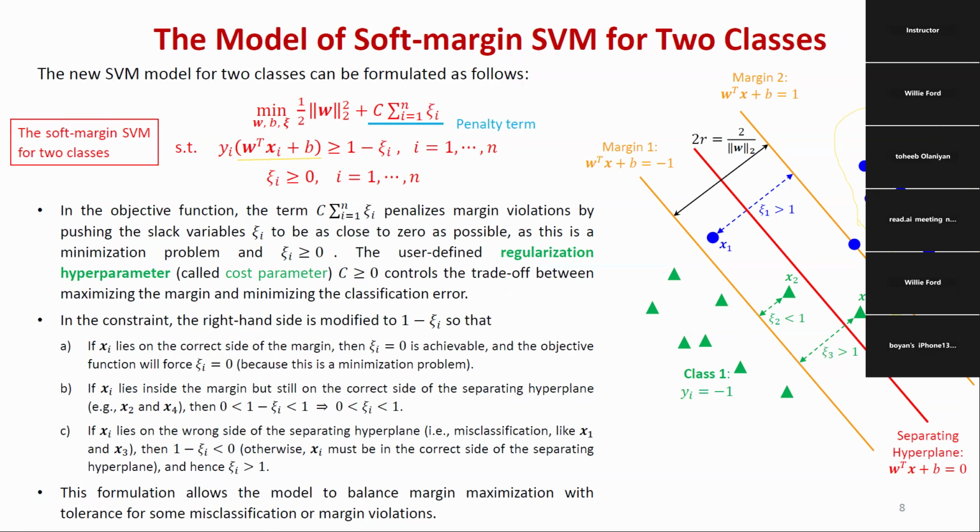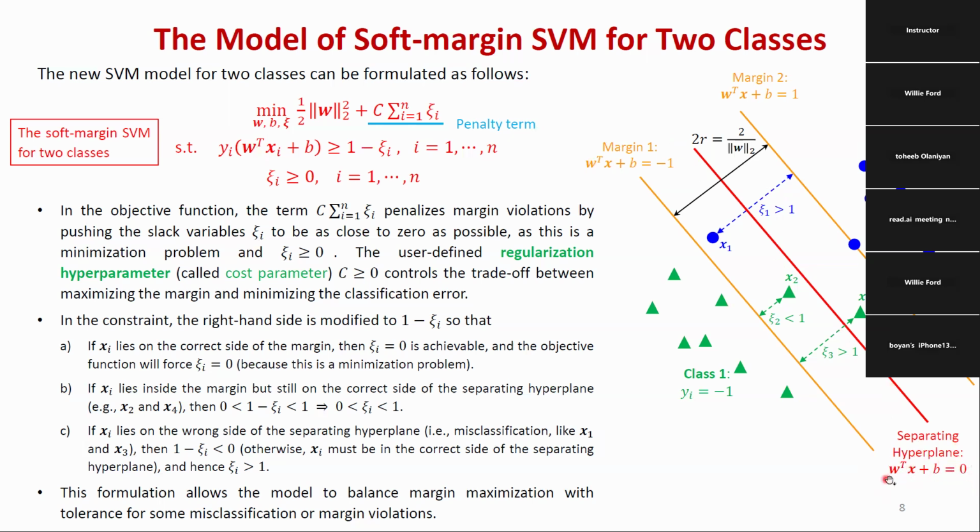Here we go. And the last case is, what if x_i lies on the wrong side of the separating hyperplane? For example, consider x1 and x3. They're completely on the wrong side. Let's say x1, where y equals 1. If you substitute it, you will have w^T x1 plus b versus 1 minus xi1. This number must be less than 0. Why?